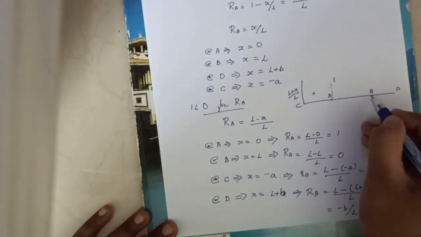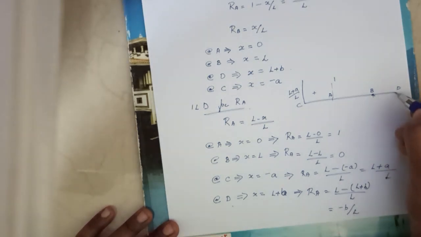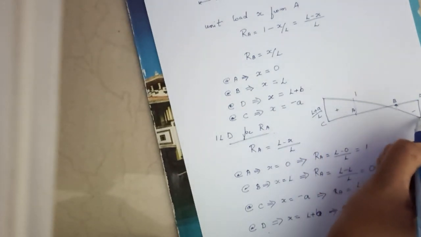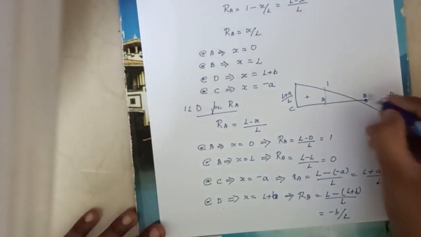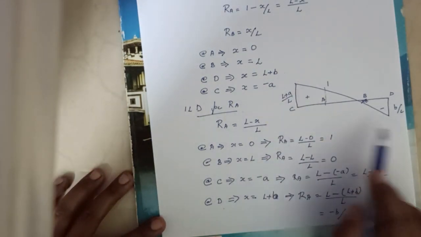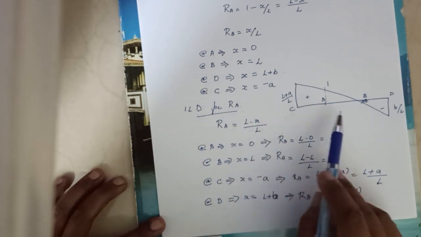At B it is equal to 0. At D, which is equal to minus b by L, which is in downward direction, b by L minus. So, all are linear variation, join. So this is the influence line diagram for reaction at A.